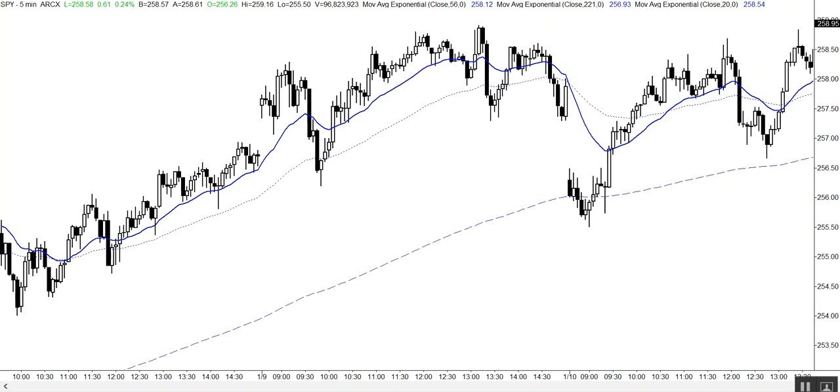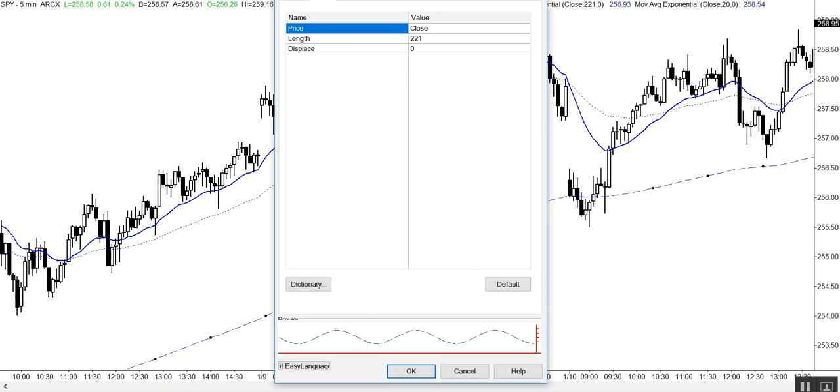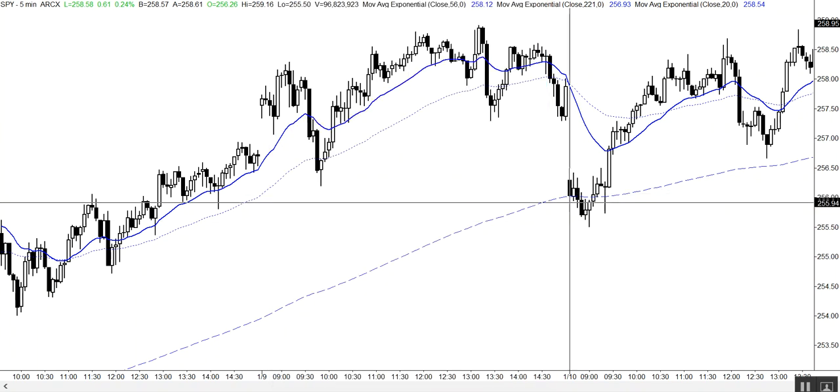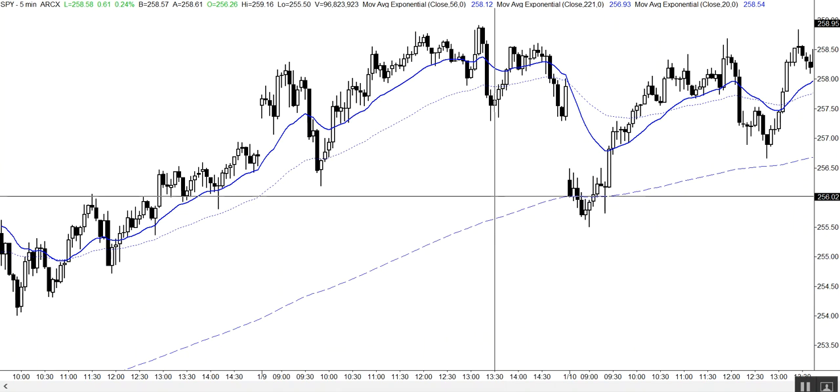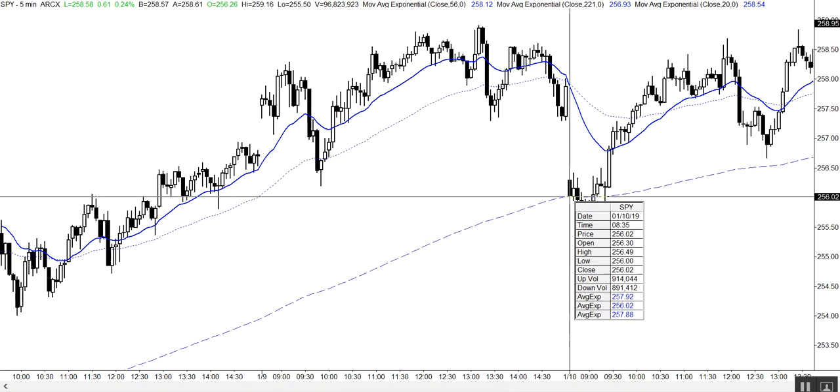So meaning, I believe the input on this is I took an exponential moving average and plotted at 221, which gives me roughly, at the close of bar 1, a moving average of 56.